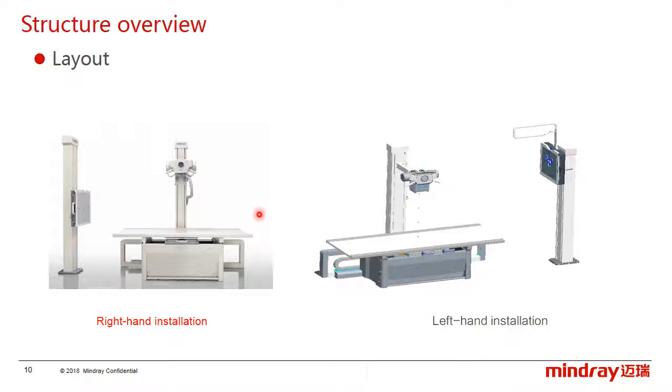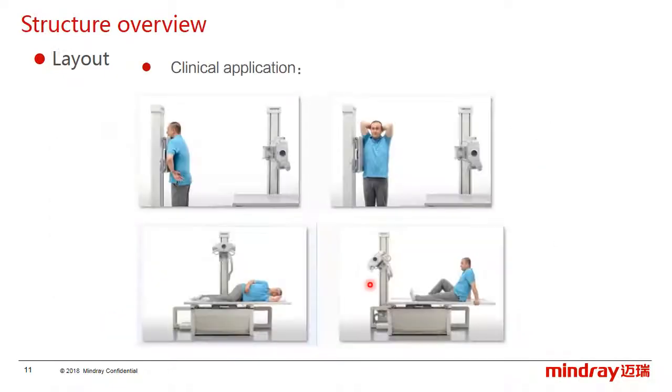In the factory, the system is right-hand installation by default. After transport to the customer site, it may be changed to left-hand installation depending on the actual layout and what rotation should be executed. Please refer to the next part.